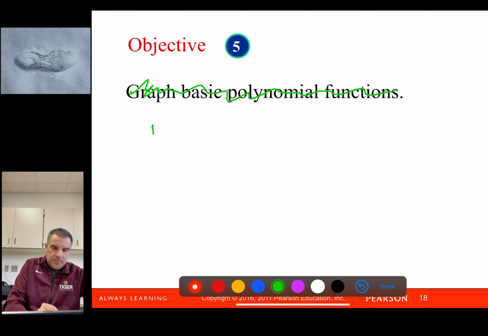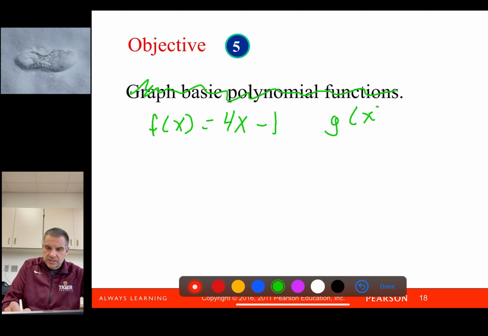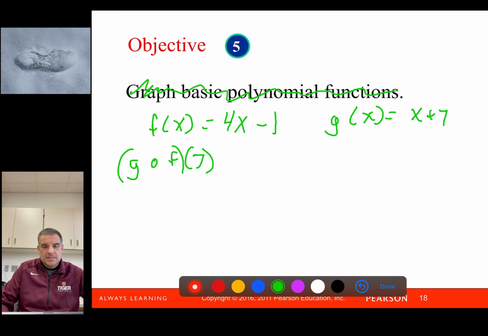So let's go: f of x is equal to 4x minus 1, and g of x is equal to x plus 7. The first one we're going to find is g of f of 7. So g of f of 7.